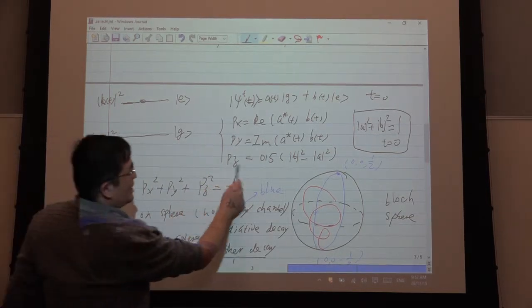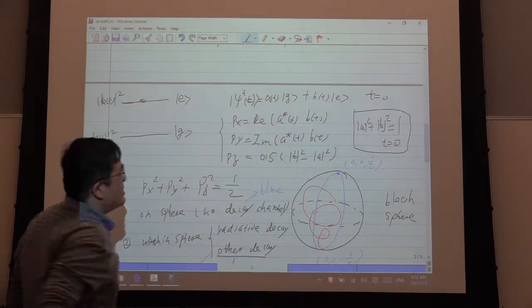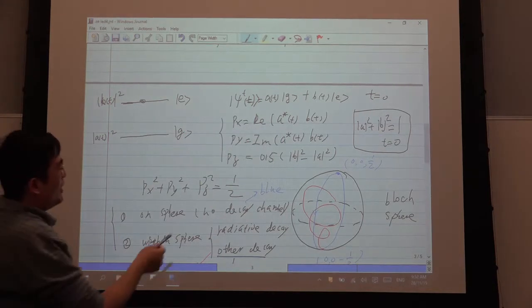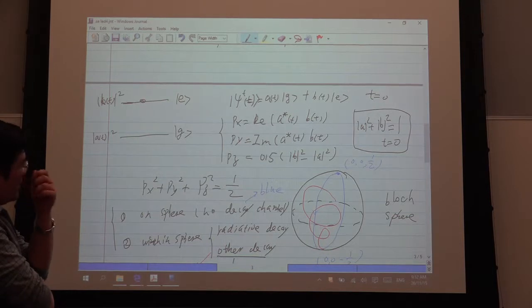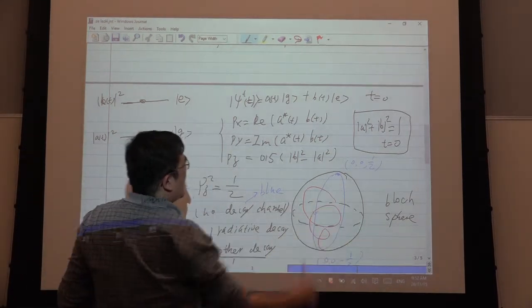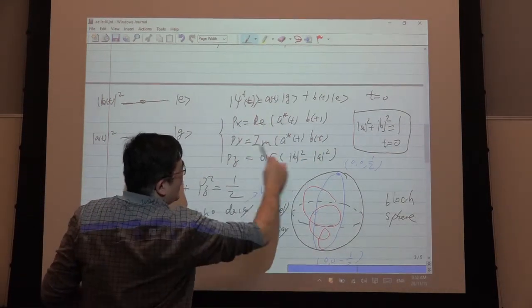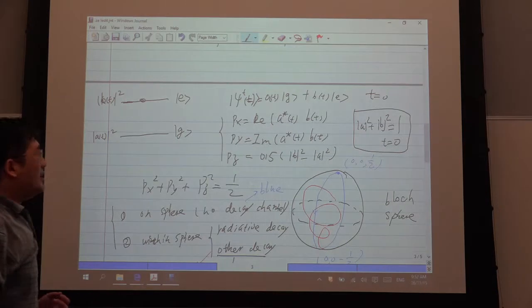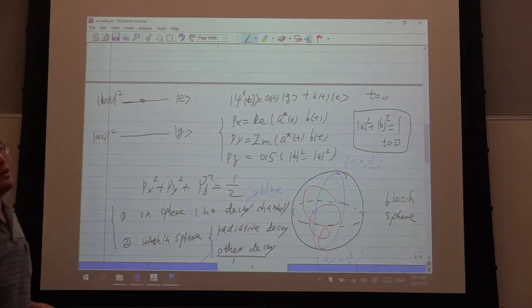Typically Pz here is the population inversion, but Px and Py they call polarization. This is a vector, similar to polarization. So what's the physical meaning here? It's my understanding that this curve is sine omega t and cosine omega t. I'm not quite sure exactly what the physical meaning is here, but add them together and you can verify it's equal to 1 or half.